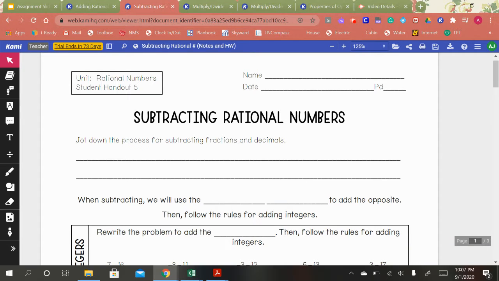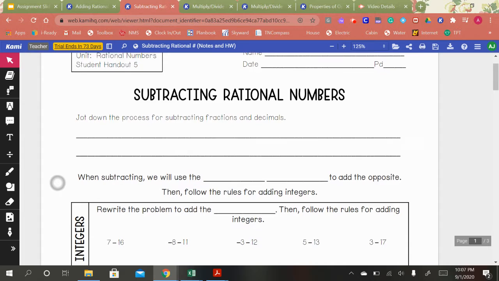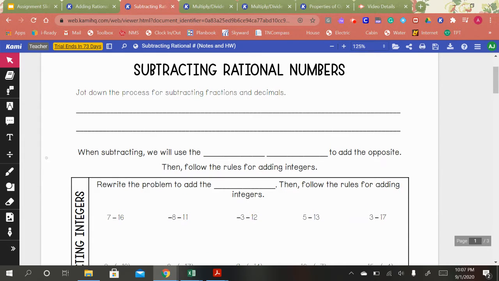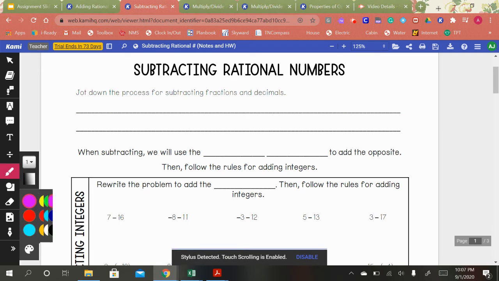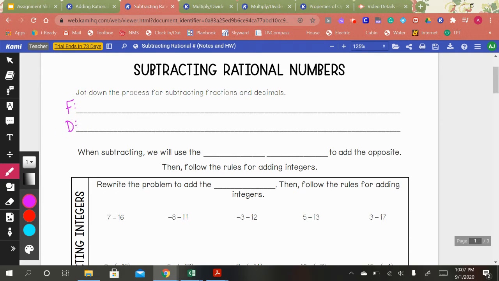It is Miss Jackson. We are working on subtracting rational numbers today. So we need to start by jotting down the process for subtracting fractions and decimals. So I'm going to take my paper, I'm going to split it right here for fractions and then split it for decimals.